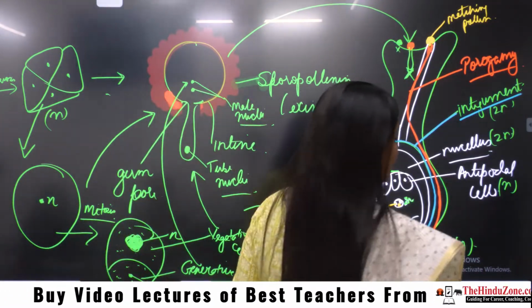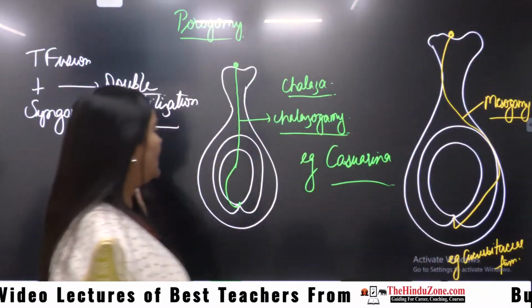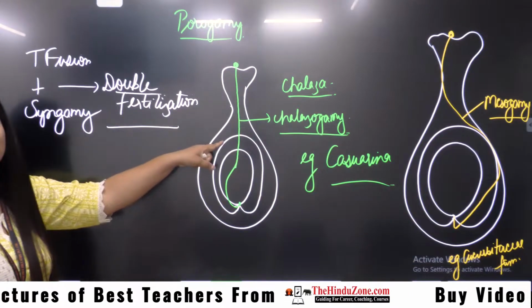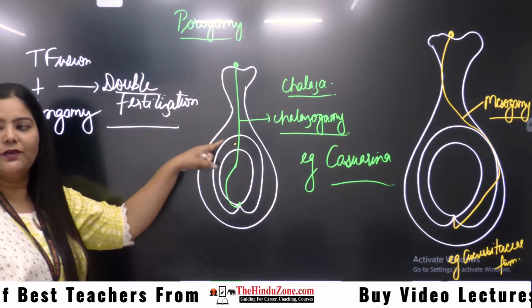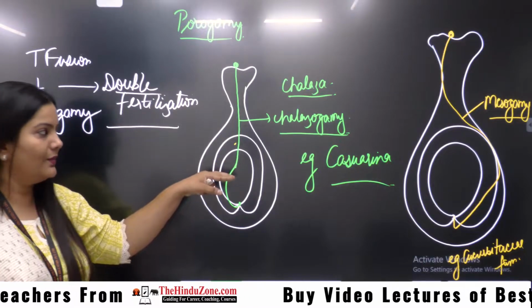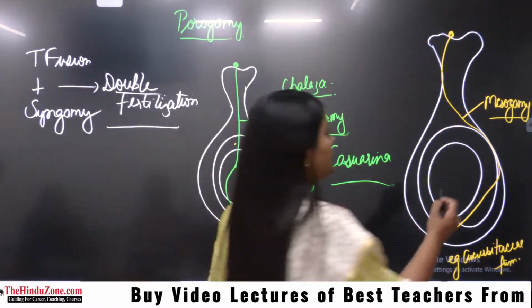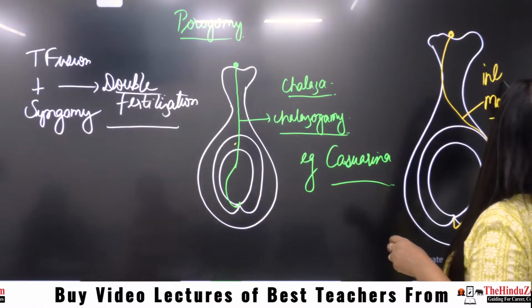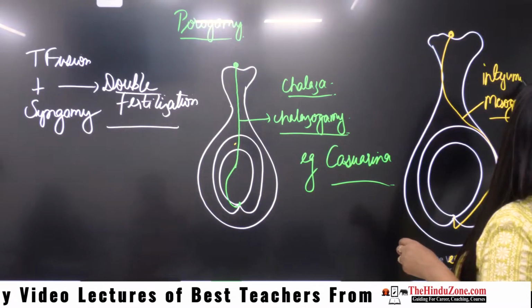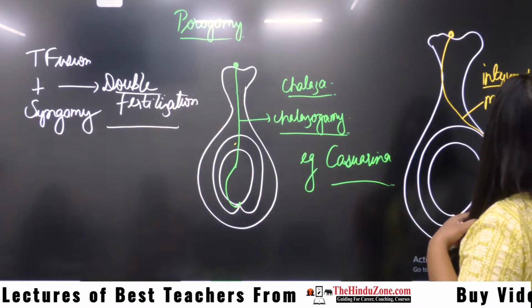When they cross through the chalazal end, it is called chalazogamy. And when they cross the integuments, this is called mesogamy.